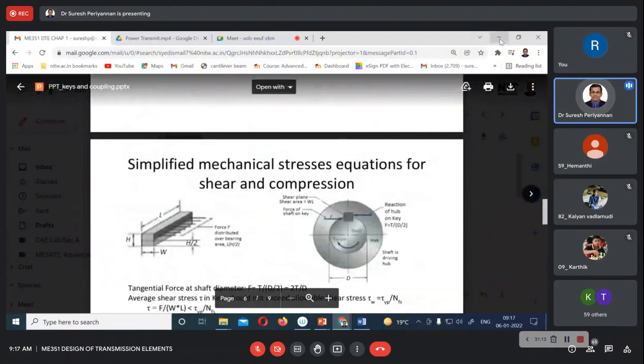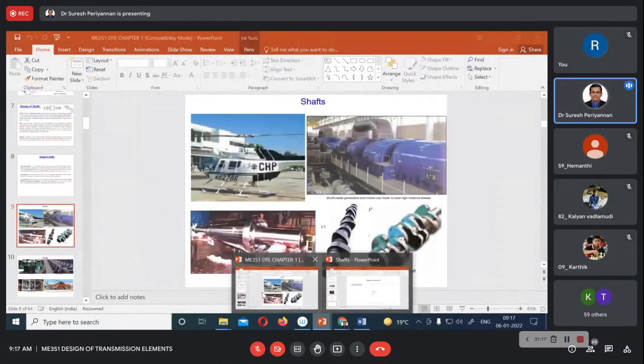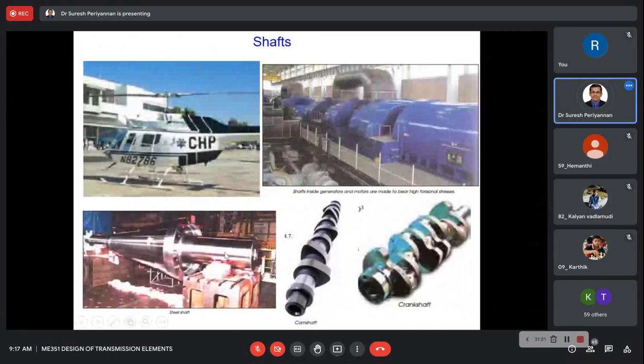Okay. Now I come to our shaft design. See here, shaft applications. Shafts are not of limited application.